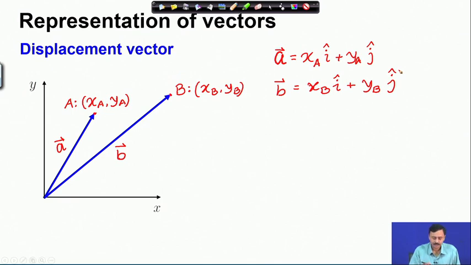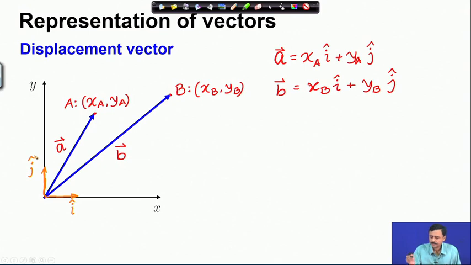So, here of course, you know that i cap and j cap are unit vectors which are along the directions. So, i cap is along x and j cap is along y.